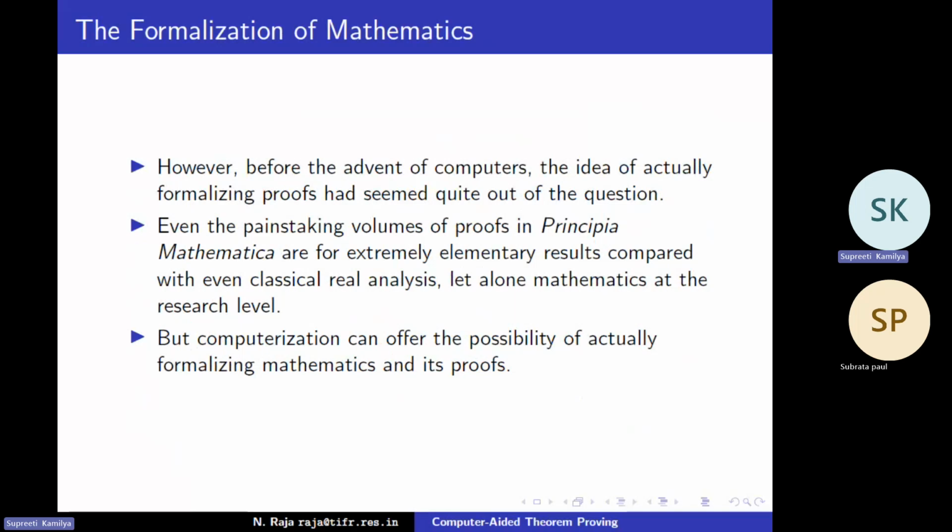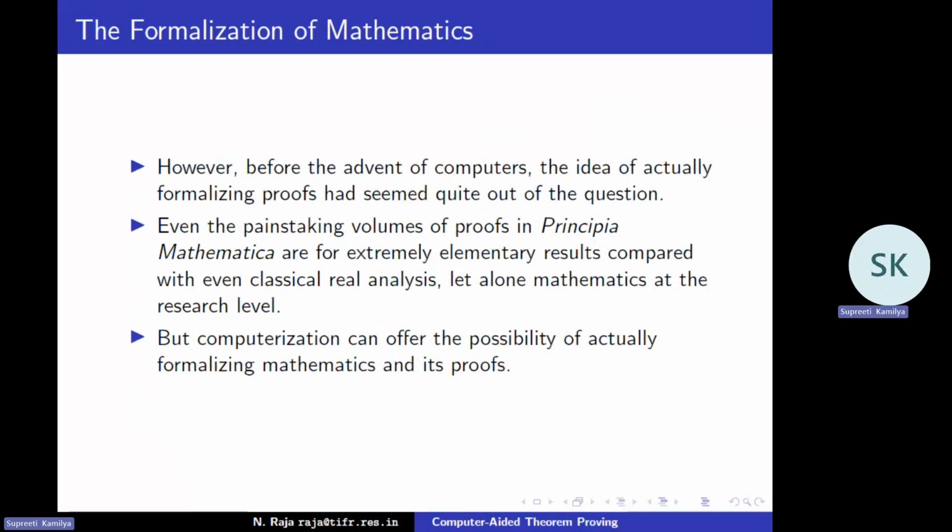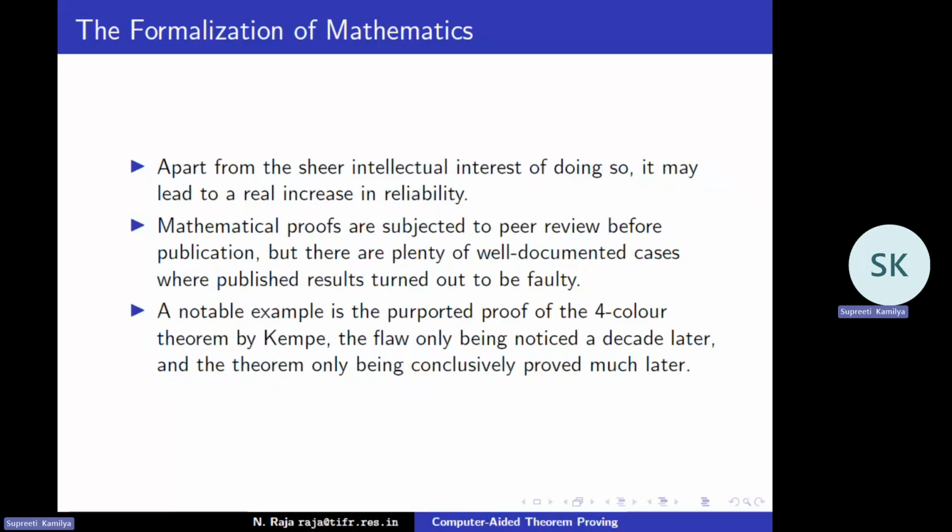Now that we have computers, there is actually the possibility of formalizing mathematics and its proofs. At the time that Russell and Whitehead wrote Principia Mathematica, the results were quite elementary. They did not even cover classical real analysis. Forget about doing mathematics at a research level. But now we are at a stage where we can actually do really state-of-the-art mathematics.